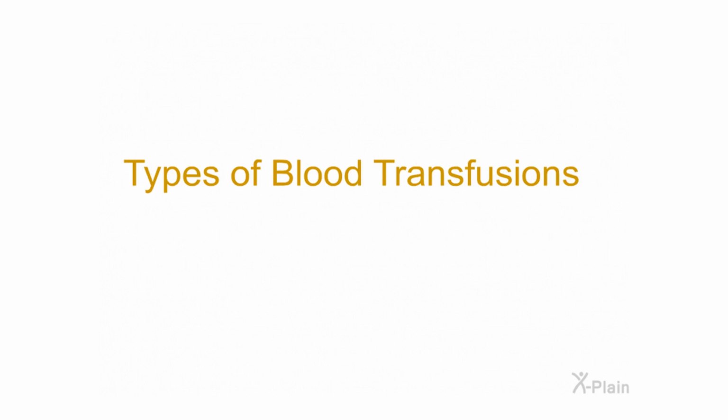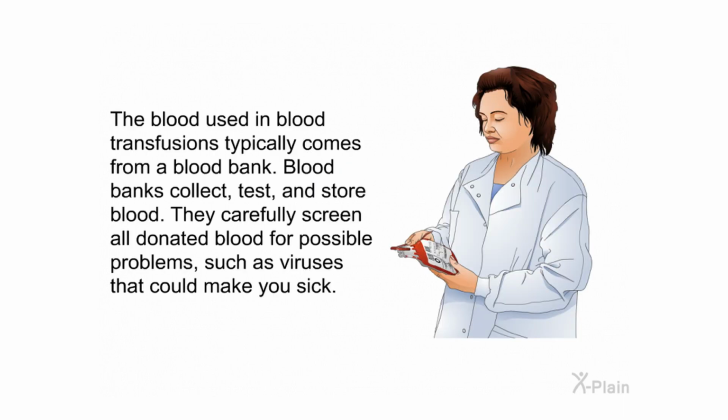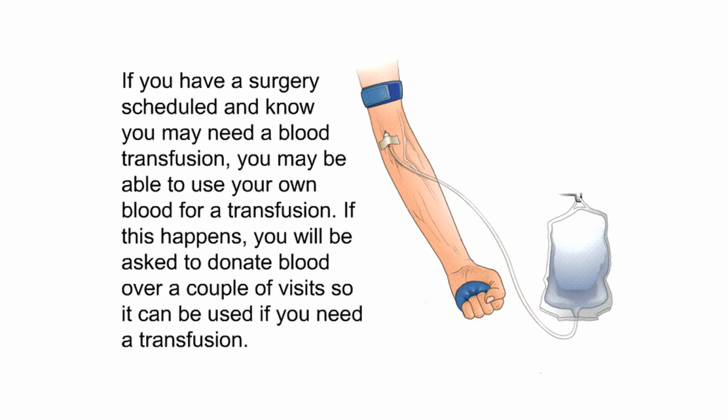Types of blood transfusions. The blood used in blood transfusions typically comes from a blood bank. Blood banks collect, test, and store blood. They carefully screen all donated blood for possible problems, such as viruses that could make you sick. If you have a surgery scheduled and know you may need a blood transfusion, you may be able to use your own blood for a transfusion.